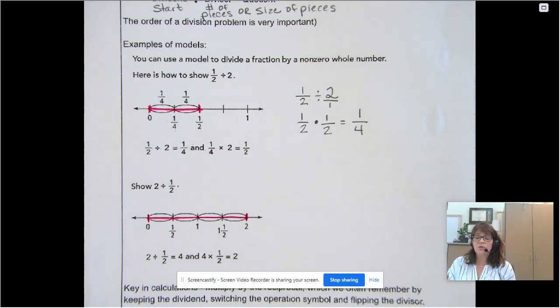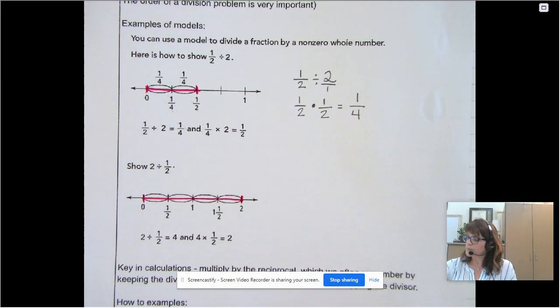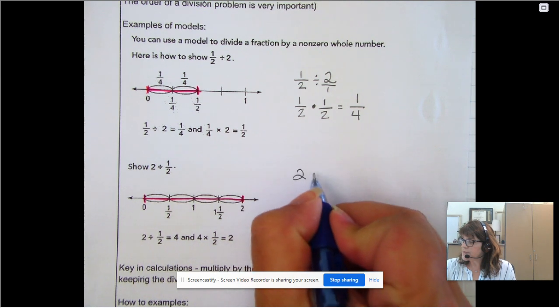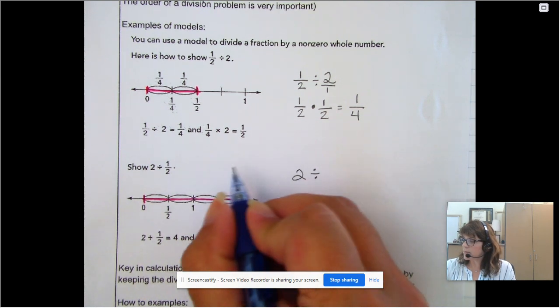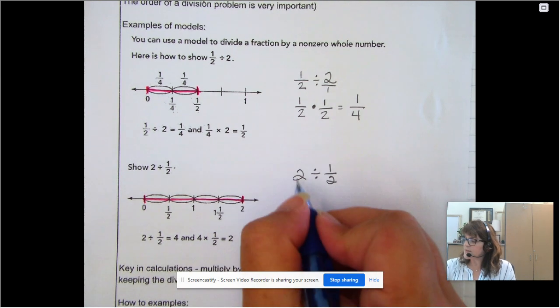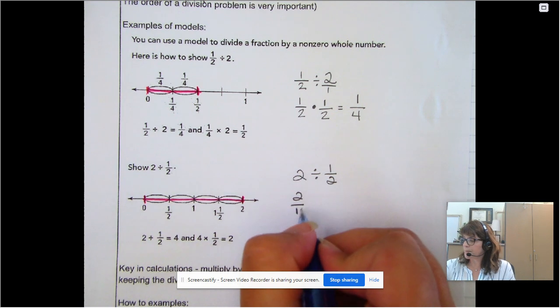And in class, I'm going to show you why this works. It's pretty detailed. It involves dividing a fraction by a fraction, but there is a very strong reason that it works. Now let's take a look again. Now we have 2 divided by 1/2. Okay, my dividend remains the same. So I'm just going to write 2 over 1.